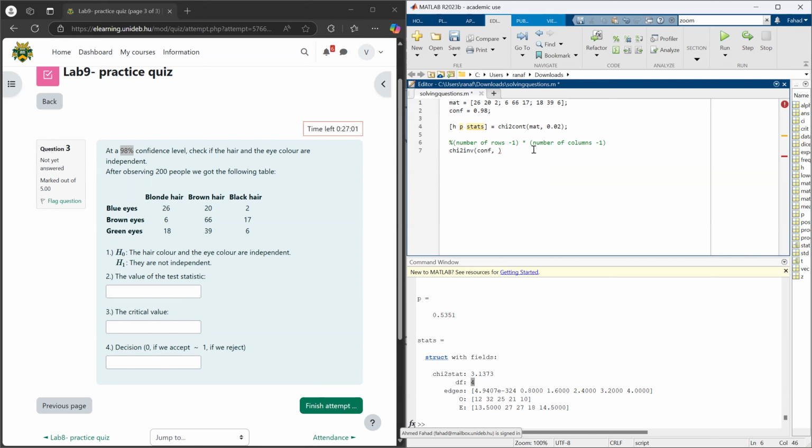It's a very simple formula though. So how many rows do you have? 1, 2, 3. How many columns? 1, 2, 3. So number of rows minus 1 is 2, number of columns minus 1 is 2. Multiply that, 4. So the degrees of freedom here will be 4. Boom. And that's all that you need.